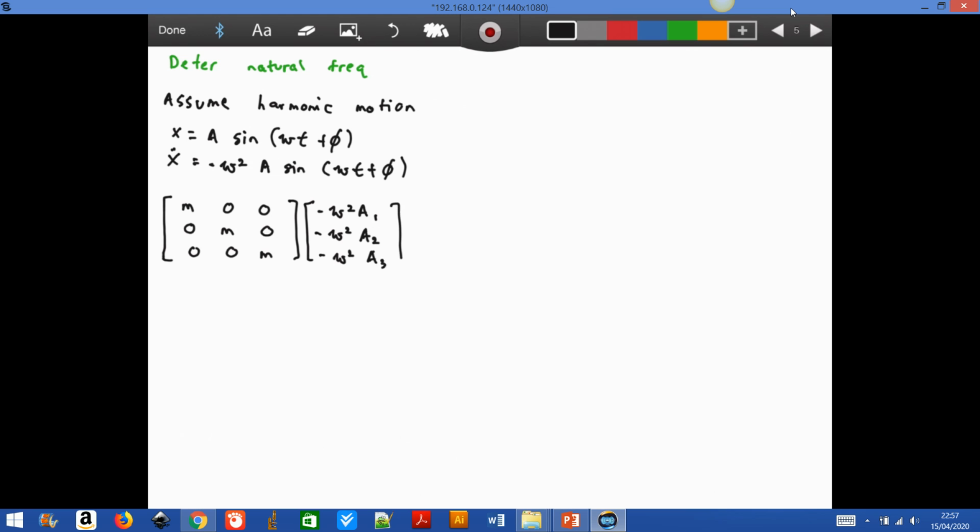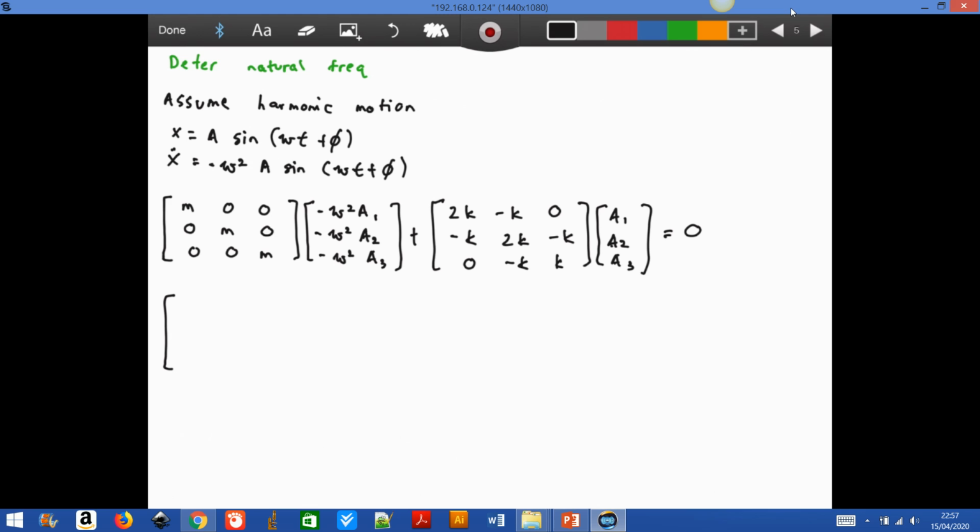I place that straight away after I assume the harmonic motion, plus 2k, minus k, 0, minus k, 2k, minus k, 0, minus k, k, times a1, a2, a3 equals 0. So solve this one.